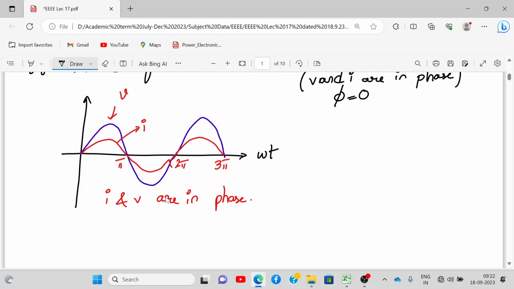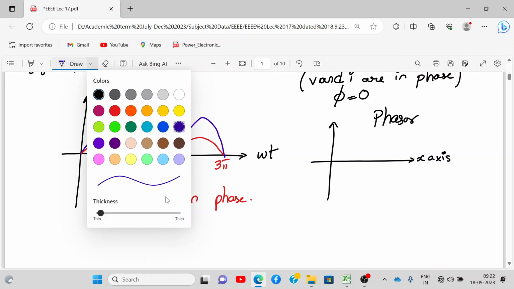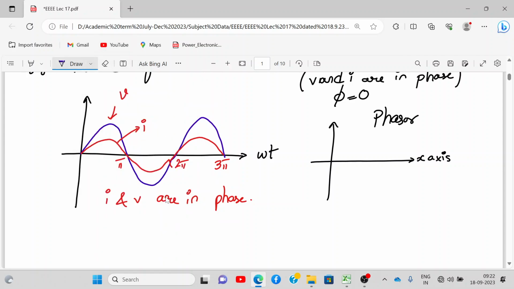Now how will my phasor diagram be? This is actually the x-axis. How will the phasor look? If this is vector V, where will i be? In the same direction but lesser magnitude. Why lesser magnitude?